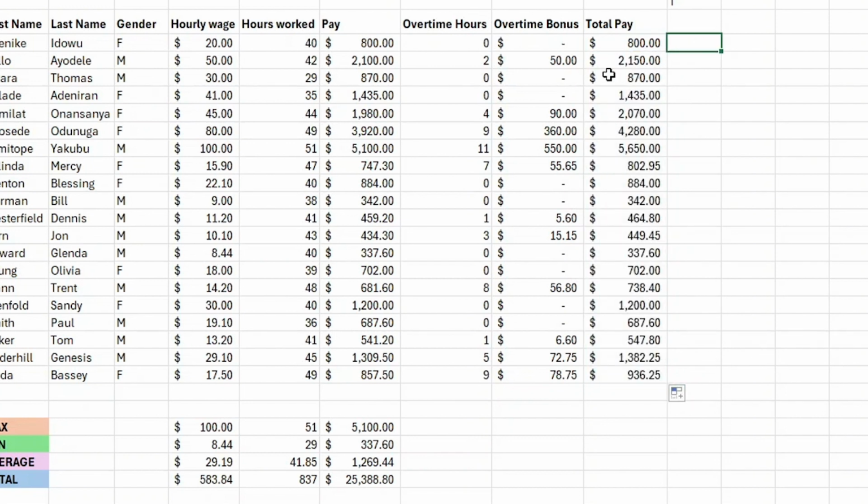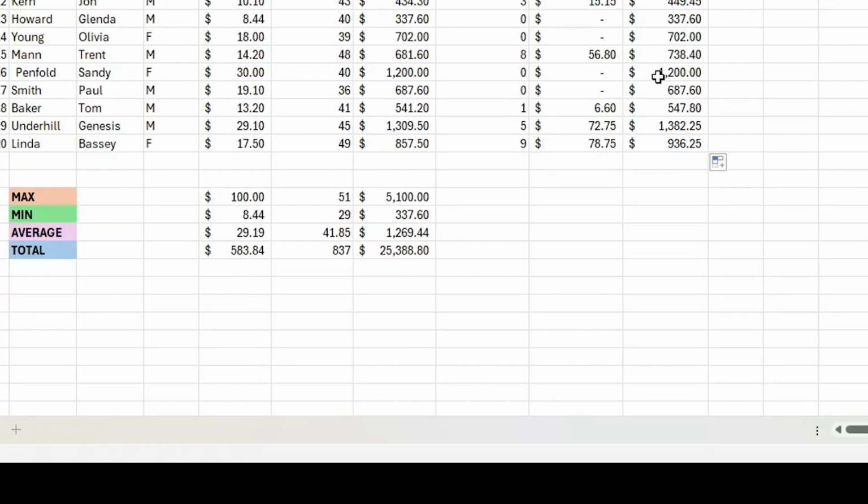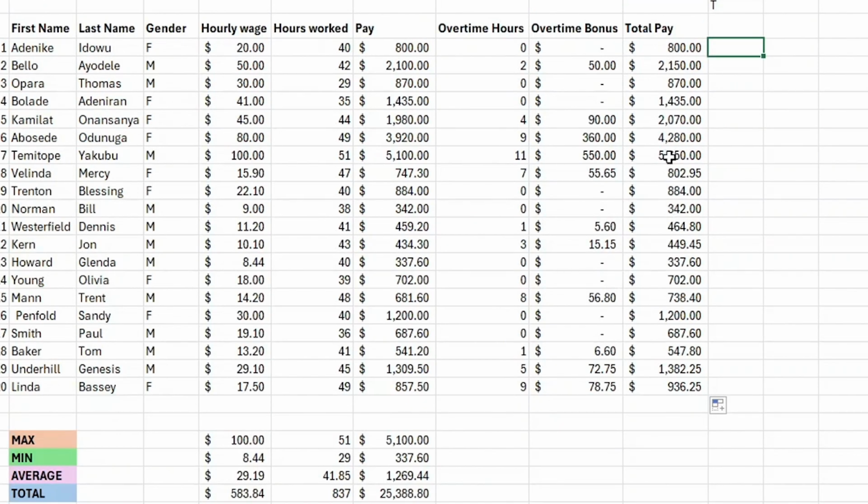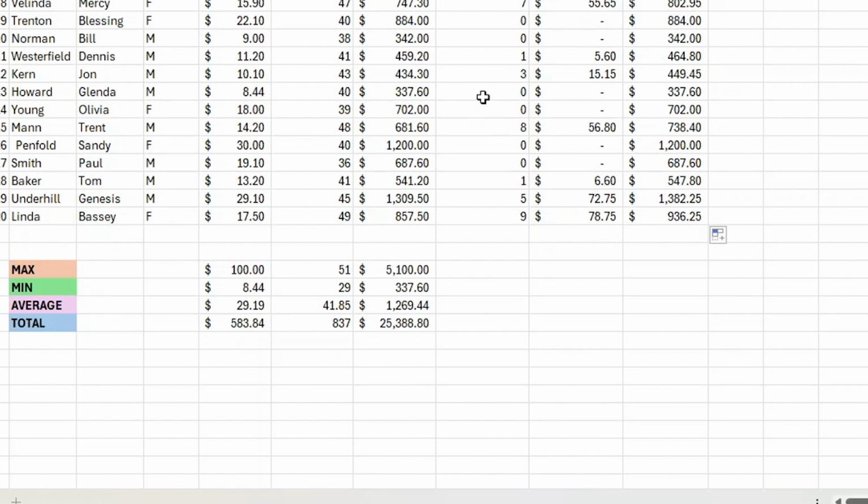So for people that earned overtime bonus, you can see 2000, 2100, 2150. So looking at it, you will see that yes, this is very correct. It is absolutely correct.